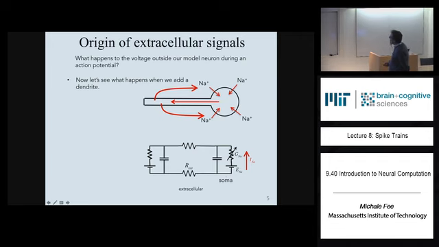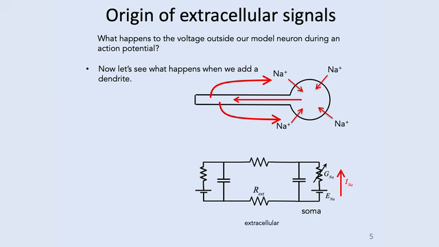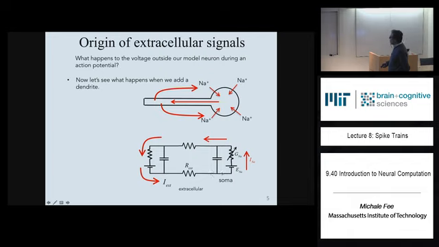So during an action potential, we have current flowing in through the soma, out through the inside of the dendrite, back out through the membrane of the dendrite, and through extracellular space back to the soma.